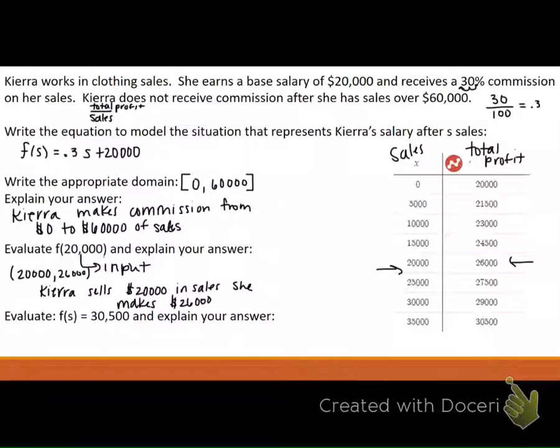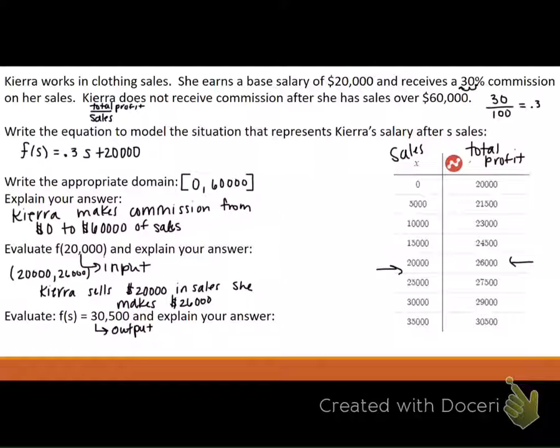Okay. 16 switches. So 30,500 is the output because it's on the outside. So, Jayla, what does 30,500 correspond to? Well, is that your total profit or your sales? If it's your output. Is this your total profit or your sales? Yeah, so you have to find total profit, so what does that correspond to?